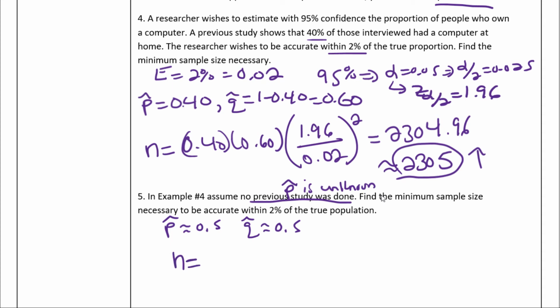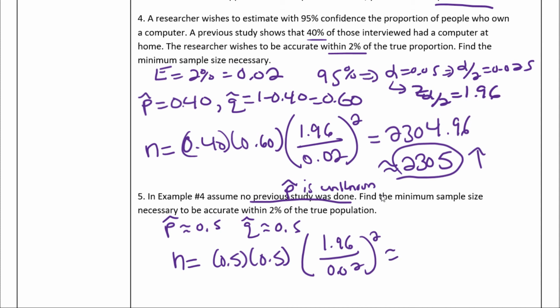So we have n equals 0.5 times 0.5, 1.96 divided by 0.02 squared, and then this time we'll get our new sample size. So we have 2,401 for our sample size.